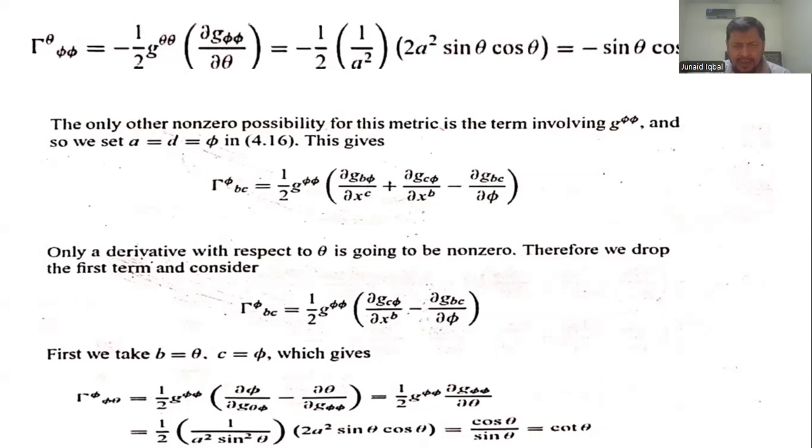So we drop the first term and we are left with these two terms. Here we put B is equal to theta and C is equal to phi. We obtain the values of the Christoffel symbols. So this is the way to compute the non-zero Christoffel symbols.